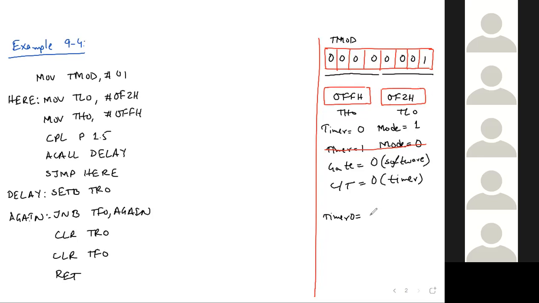So if that is the case, what is the value in the timer 0 16-bit register? Combine your TH0 and TL0 and tell me what is the number there in timer 0. FFF2H, right? So this is the hexadecimal number which is stored in timer 0.